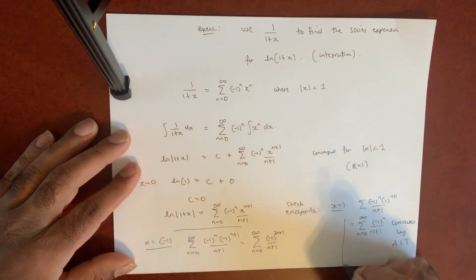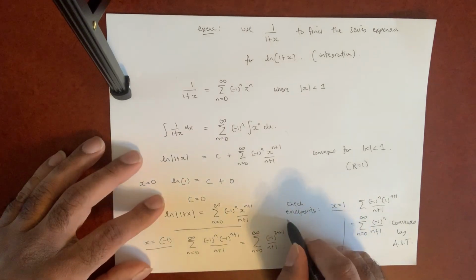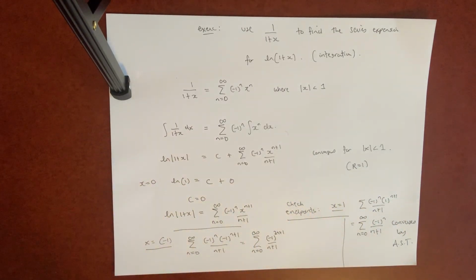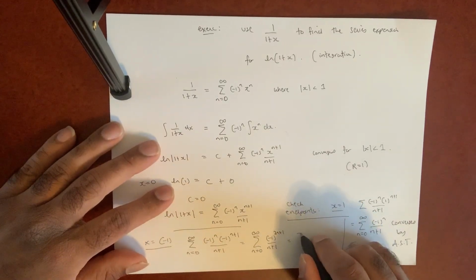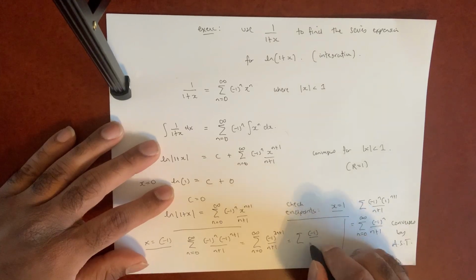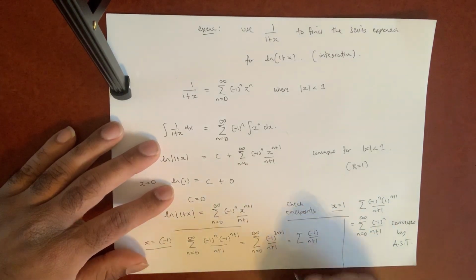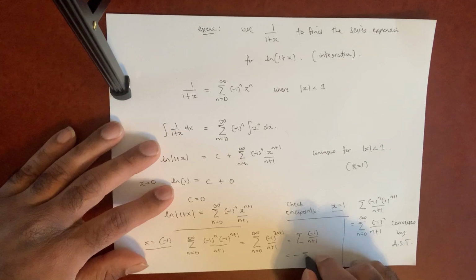Now negative 1 to the 2n plus 1 is always odd, so this is always just negative 1, which is the negative of 1 over n plus 1.